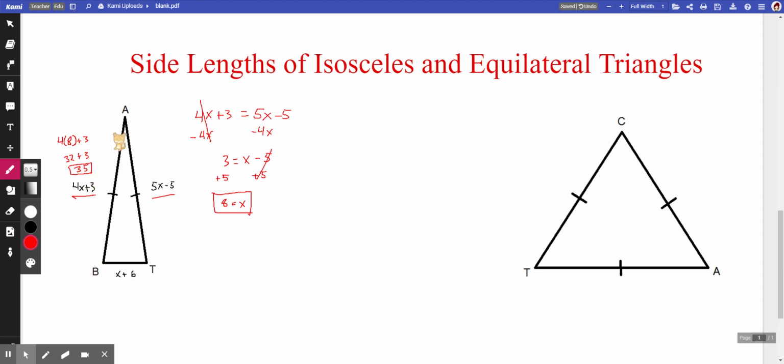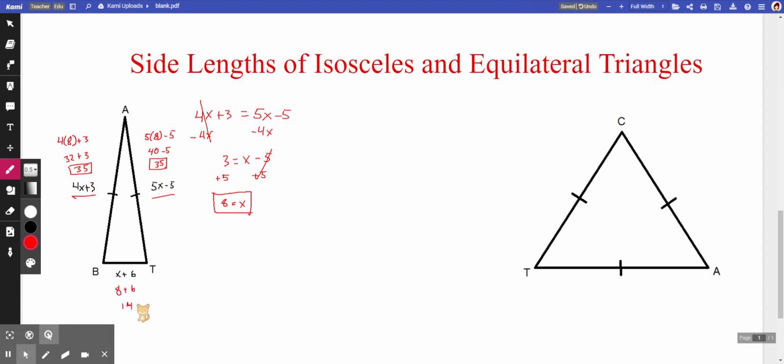So segment BA is 35 units long. We know that these two sides are congruent, so segment AT should be 35, but it's always a good idea to plug it back in and double check ourselves and make sure we didn't mess up something along the way. If you plug it into both of the congruent legs and you get the same value, then you know you did it right.